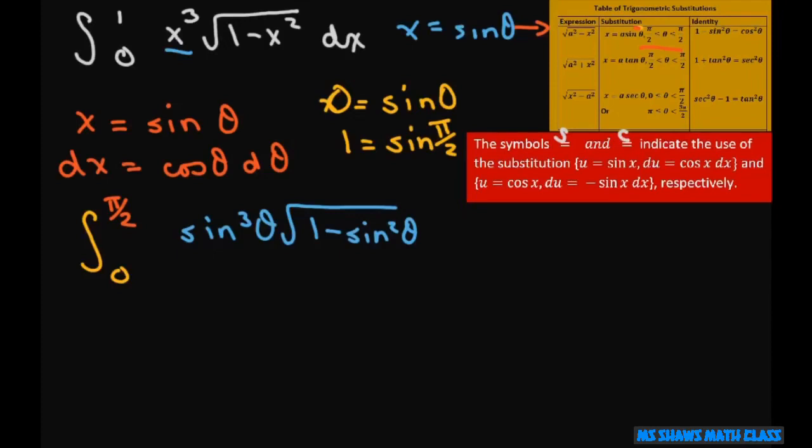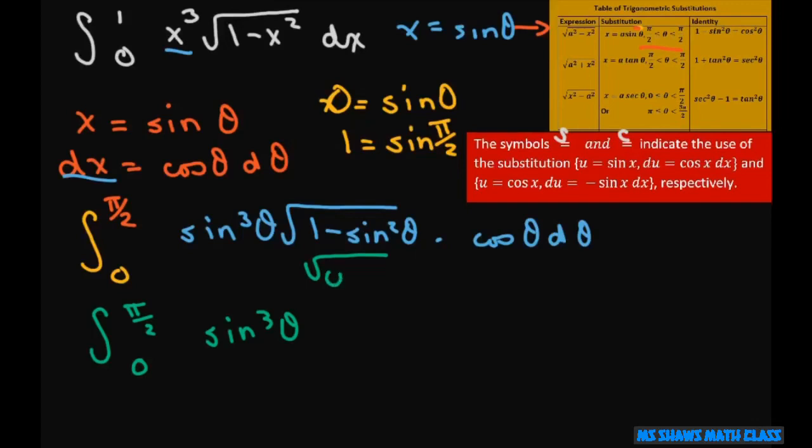And then we have to do the derivative of x, so that's going to be multiplied by cosine theta d theta for our dx. All right, so this is going to simplify to sine cubed theta times the square root of cosine squared theta. So that's just going to be cosine of theta. And you multiply it by that, you're going to get cosine squared d theta.